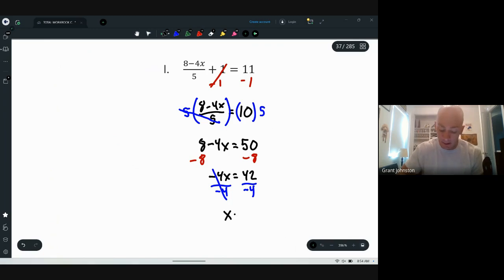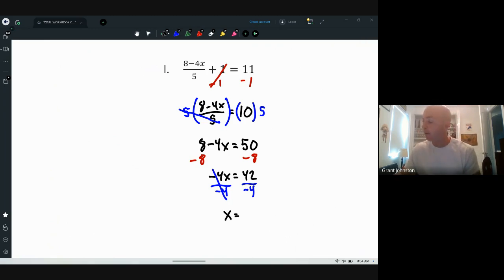And I get, what's that? Is that negative 10.5? It's got to be, right? Negative 10.5. I'll just go to a decimal there, but you can leave it as a fraction in simplest form if you like. Okay. Just double check and make sure my steps are good. I think they're good.